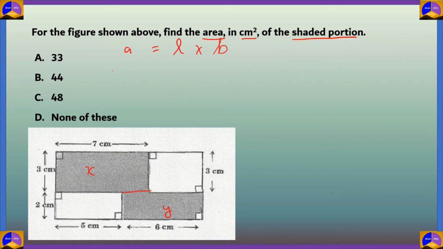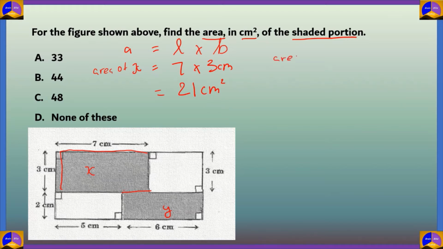So the area of rectangle X will be equal to, you can see that the length is here 7 centimeter and 3 centimeters, which is 7 times 3 centimeter, which equals 21 centimeter square.